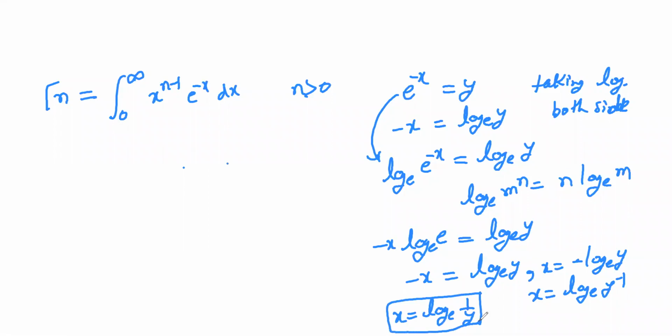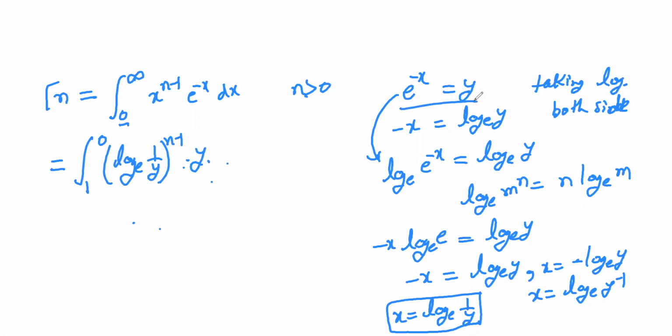Okay. So now the expression will be: e raised to minus x, so when we put x equal to 0, e raised to 0 is 1, and e raised to minus infinity is 0. X is log 1 upon y to the power n minus 1, e raised to minus x is y, and dx. For this I have to differentiate.